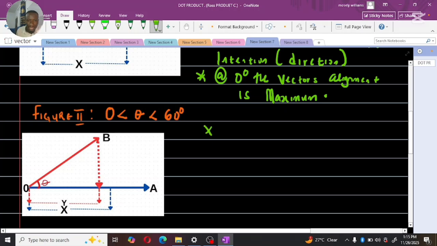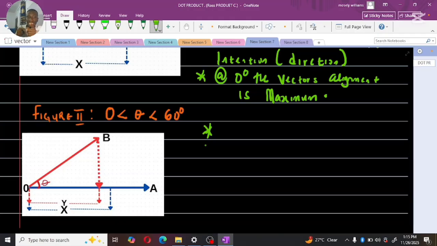We call X the measure of alignment in the first case, and Y is the measure of alignment here, when vector B has been tilted to a certain angle.